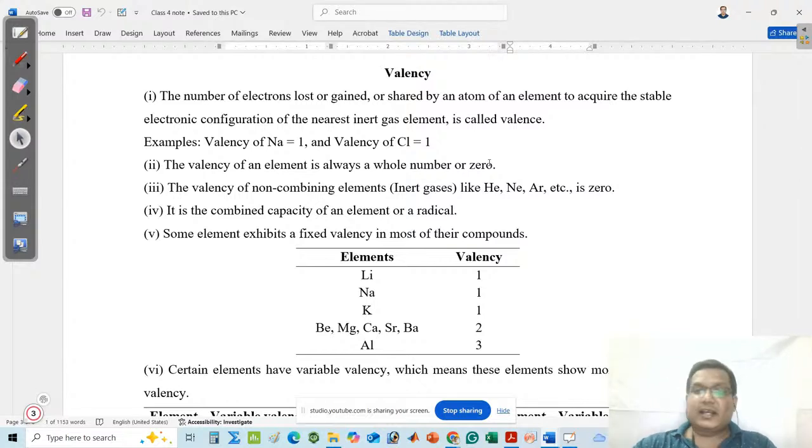What is the meaning of stable electronic configuration? Stable electronic configuration clearly depends upon the electronic configuration. I will explain the electronic configuration in the atomic structure unit.